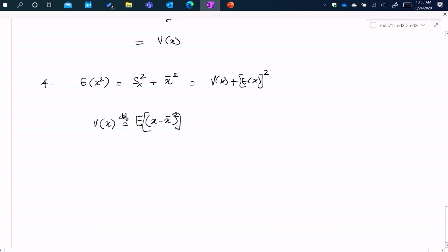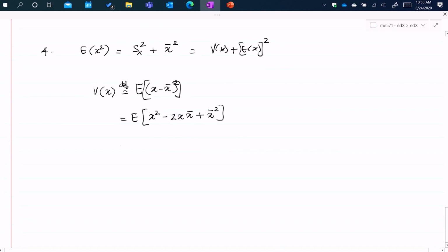And so now I can write this as expected value of x squared minus 2 times x bar times x plus x bar squared. And I know that expected value of a sum is sum of expected values.